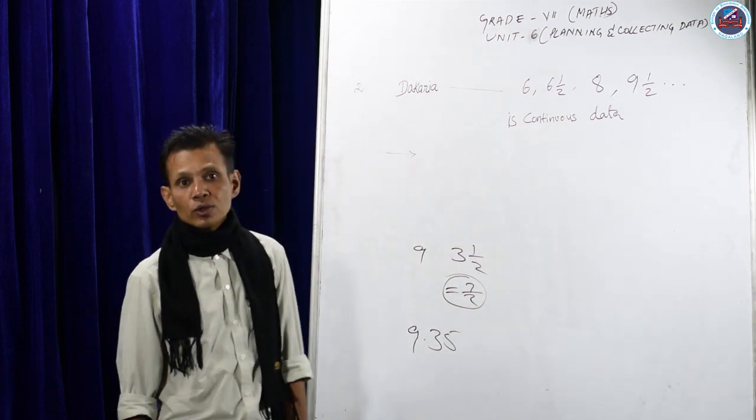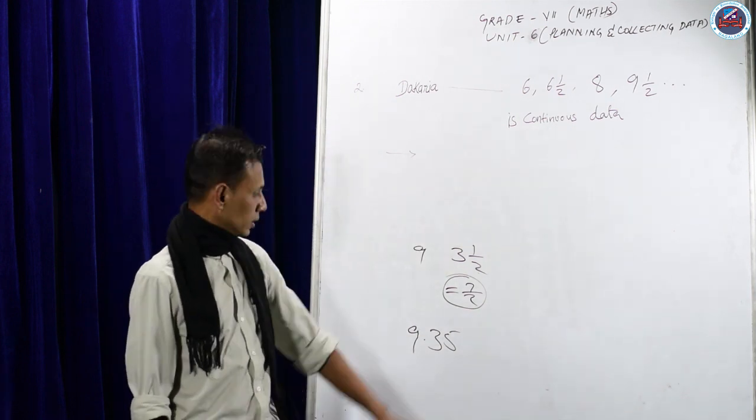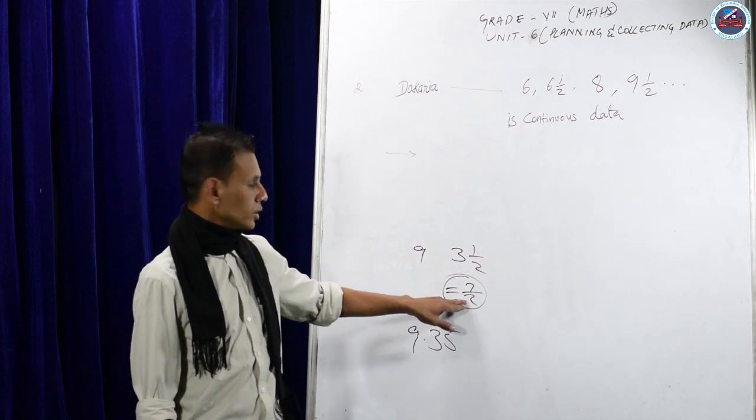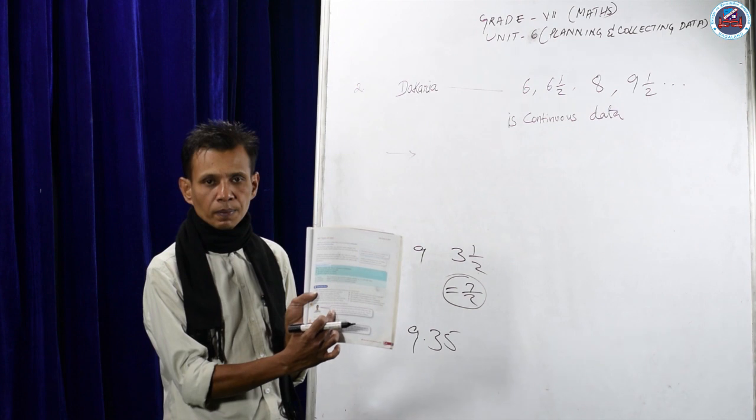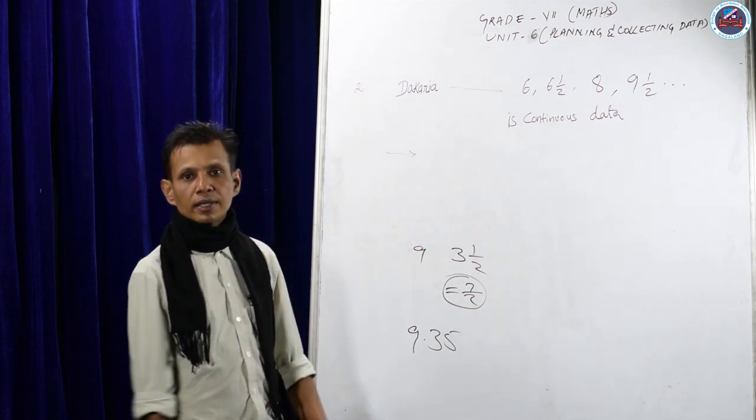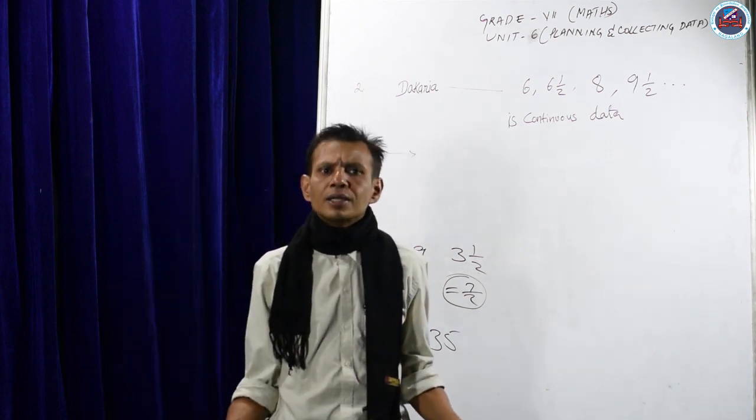And I told you continuous data contains everything: decimal, fraction, whole number. And when you look at his results, you will get all of this. We can agree that he is correct.